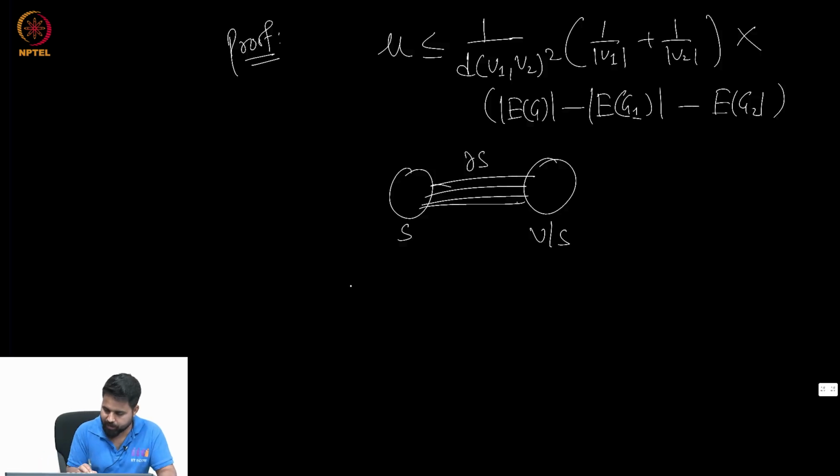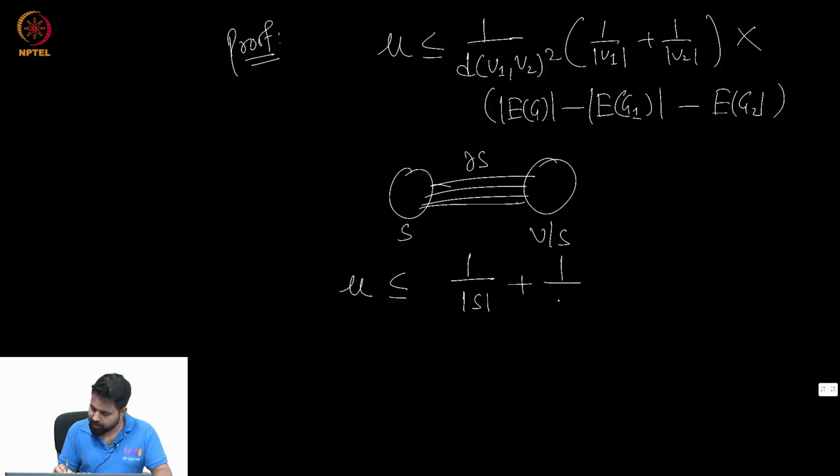So this can be written as simply 1 divided by mod S plus mod V minus S, times mod of delta S.